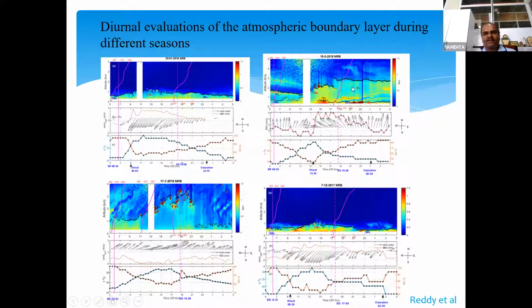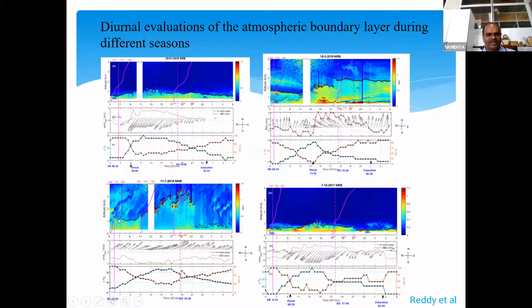there will be the formation of the EAL, the elevated aerosol layer, and then there is also frequent occurrence of TIBL, and lots of structures in the atmospheric boundary layer. And during the summer monsoon season, when convection is very strong, we see a disturbed ABL height, and it is very difficult to find the ABL height during that time.